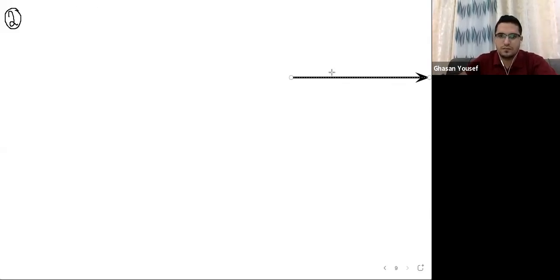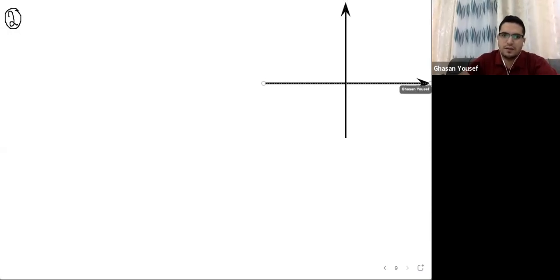Now number 2, if my line is something like this, this is my x-axis, this is my y-axis, and my line is a horizontal line, like this. And this line passes through 2 points.